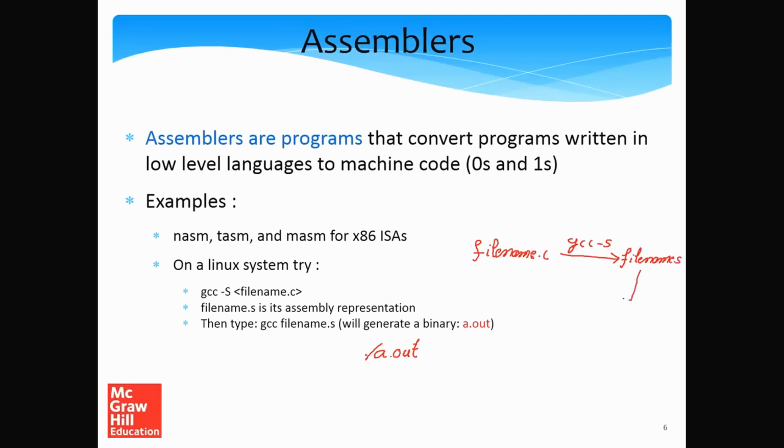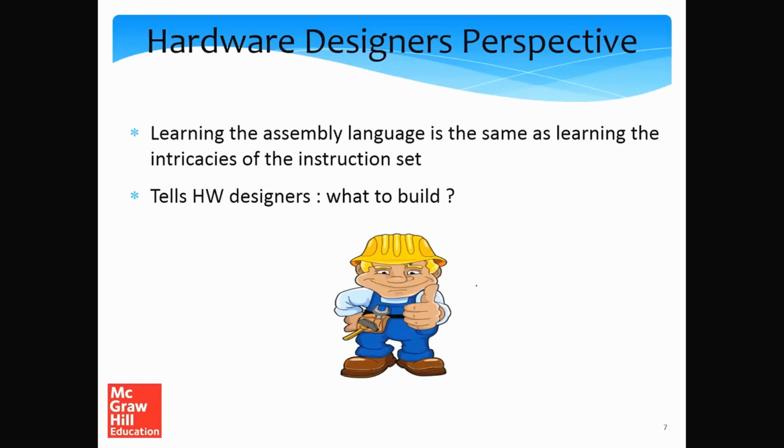And filename.s can be further converted to a binary which the processor can understand, a sequence of zeros and ones, using the command gcc. This holds on a Linux system. It will also hold on a system with Mac OS X with Code::Blocks installed. On Windows, there are different commands, so I'll not get into that.